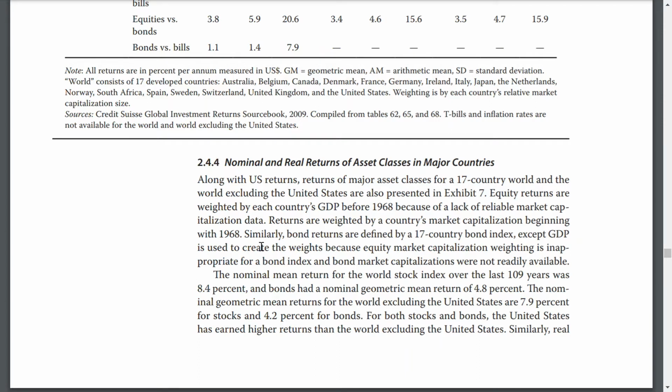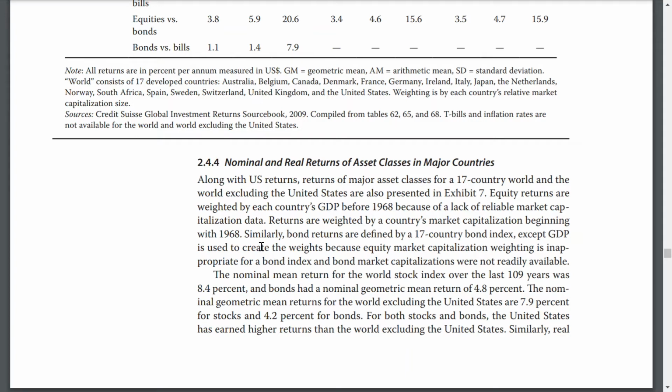Similarly, bond returns are defined by 17 countries' bond indexes, except GDP is used to create the weights because equity market capitalization weighting is inappropriate for a bond index, and bond market capitalizations were not readily available.